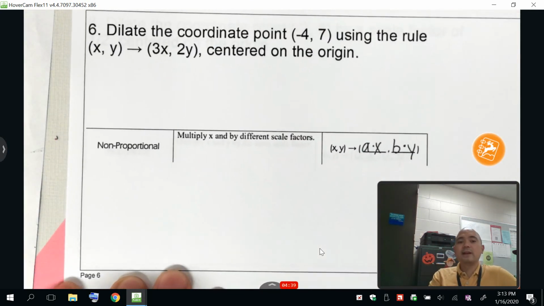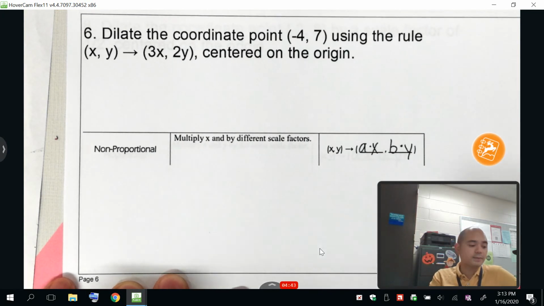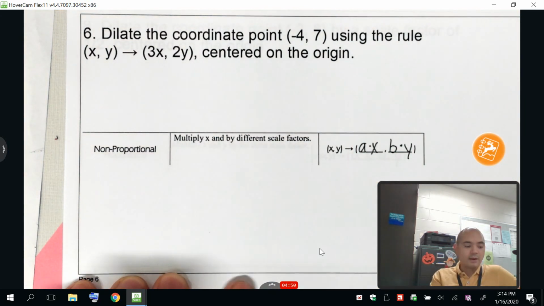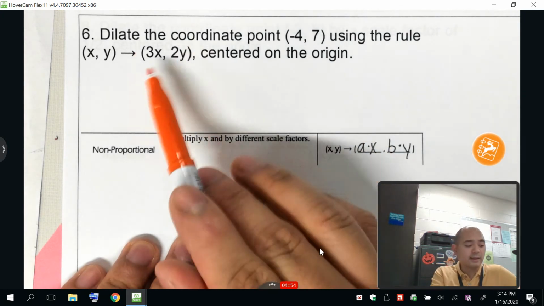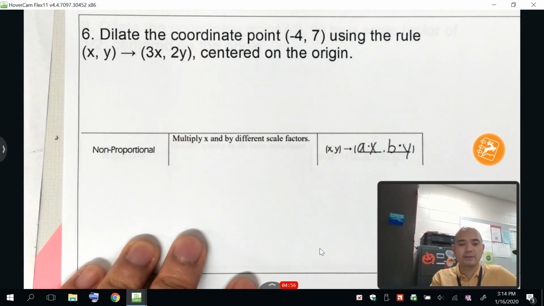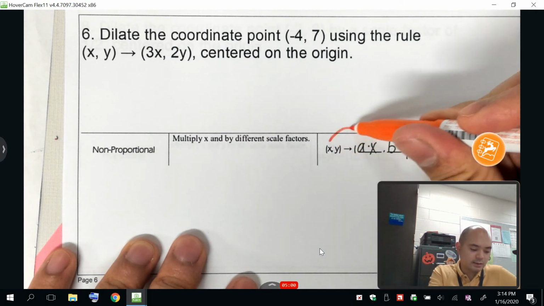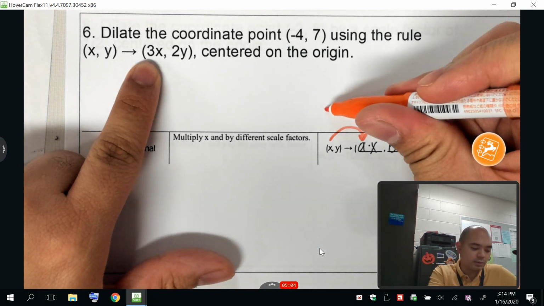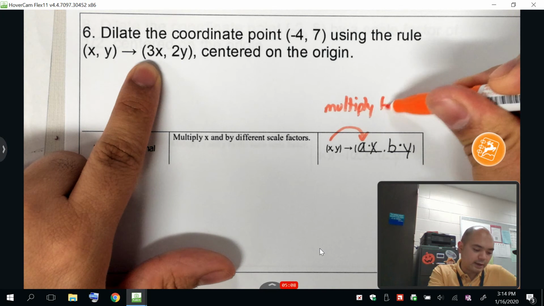Number 6, dilate the coordinate point (-4, 7) using the rule (x, y) transforms to (3x, 2y) centered on the origin. Okay, so this is a non-proportional dilation, which means the x and the y are multiplied by different values. Alright, according to this rule, x going to this x, we have that 3, which means you multiply by 3.